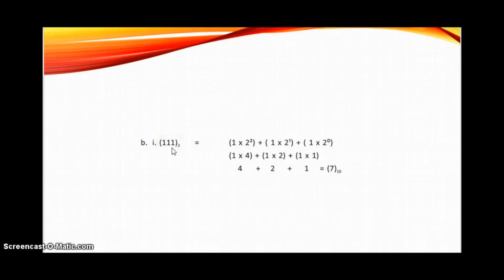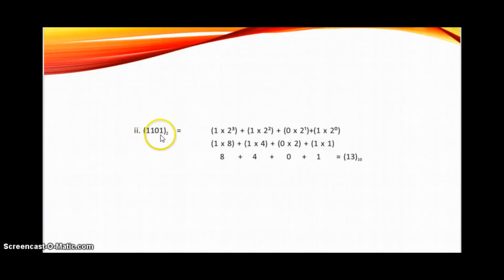Now the second conversion from binary to decimal is 1101. The same steps. First, write the place value. Here it is 2 to the power 0 and it increases. You just have to increase the power, the superscript.